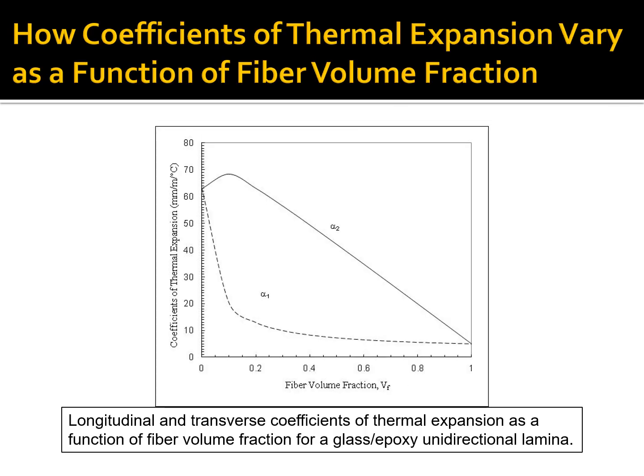One of the things to observe, although this is not part of the example, is how alpha 2 and alpha 1 vary as a function of fiber volume fraction. So we calculated for 0.7, so these are the numbers which we calculated in our example here. But look at how alpha 1 varies. It goes down like this.